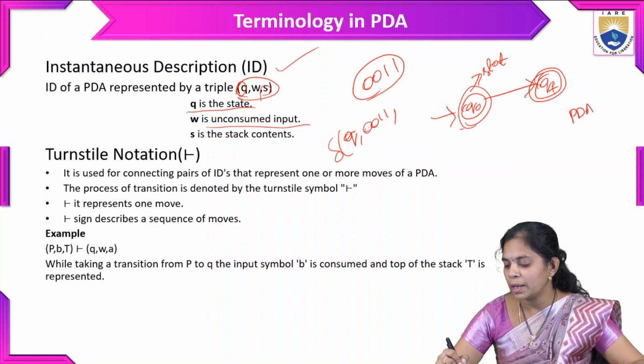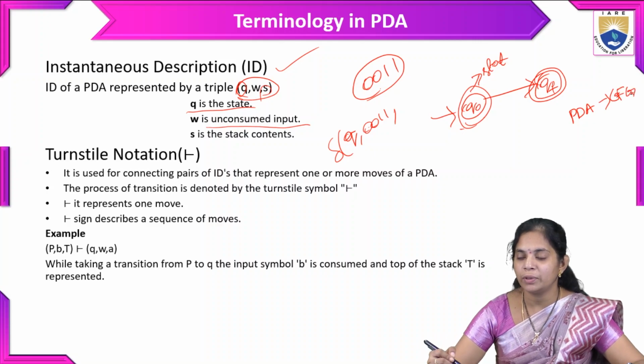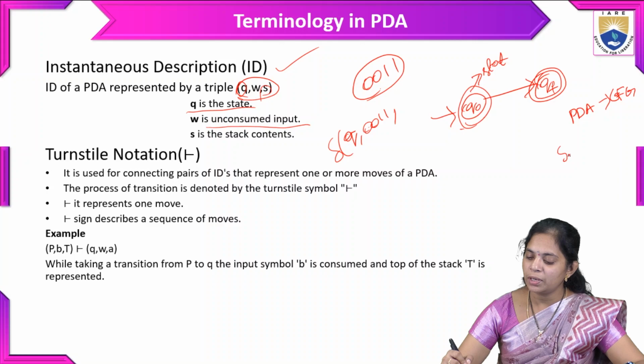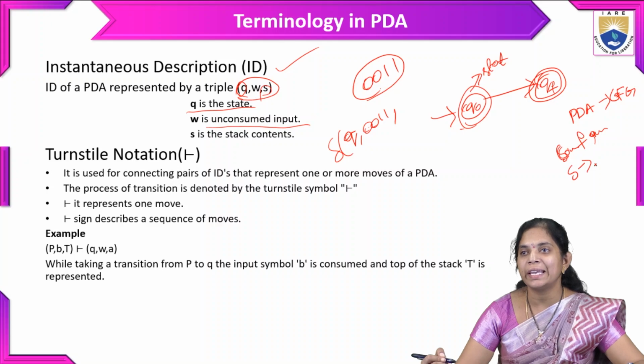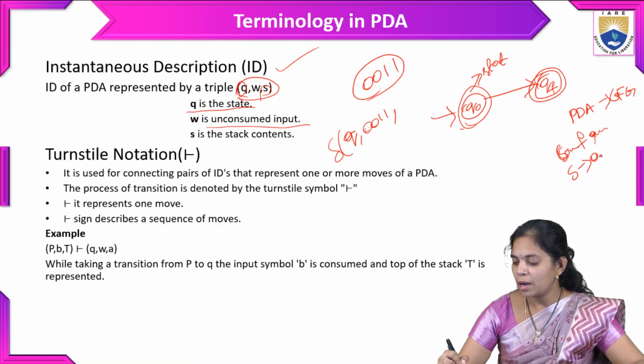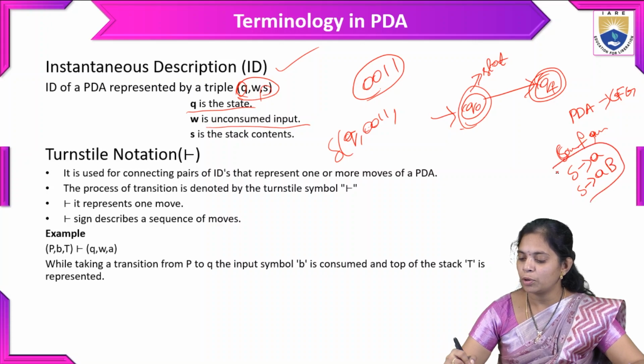We require a CFG, a context free grammar. In the context free grammar, we have the production rules. In the production rules, S tends to A or S tends to AB. Like this, we have the production rules.